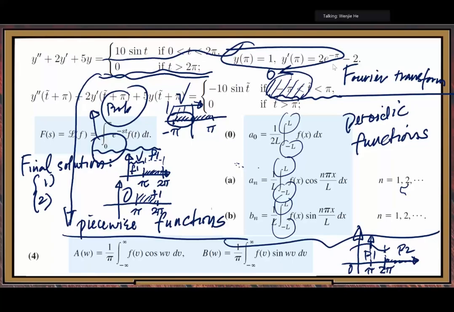Some people may argue, for piece 2, you find this value from piece 1, then use it as the initial value, right? Yeah, you can do that. But I didn't see those students use this value as the initial value of piece 2.